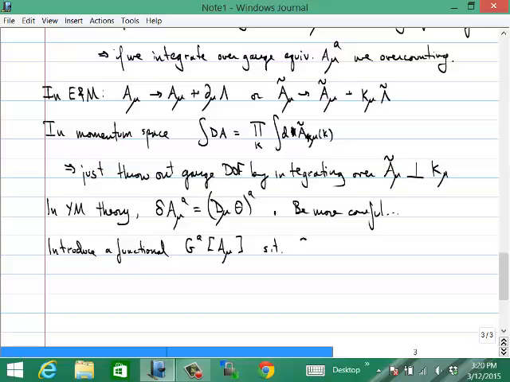I want it to have the property that if you set G equal to 0, this fixes the gauge parameter exactly. Or another way of saying that: if you set G^A equal to 0, then for a fixed value of A, varying with respect to theta, setting G^A equal to 0 has a unique solution on the space of gauge transformations.